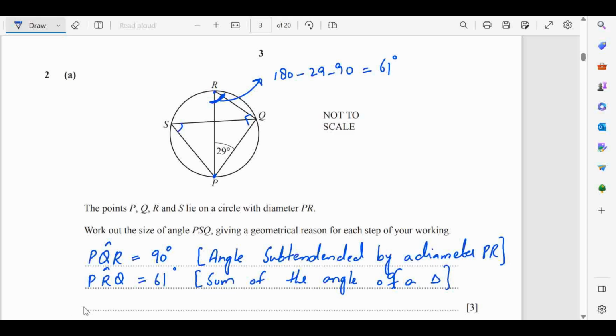Now from here we can conclude that PSQ, which is the required angle, will also be equal to 61.